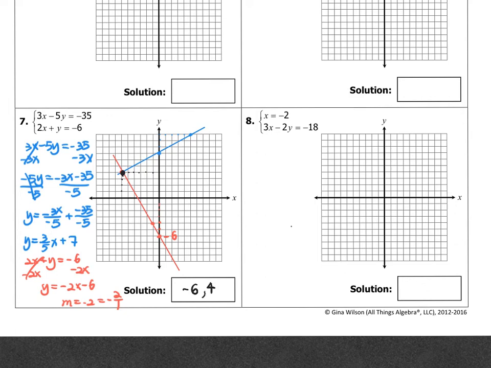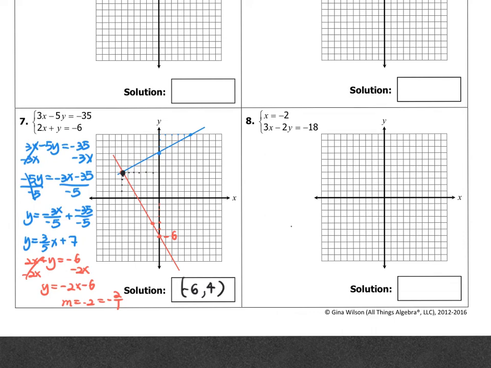I have positive 4 on the y. Make sure, it's hard for me to draw on the iPad with precision. So when you draw it on paper, you may be a little different. You may have negative 5, 4 rather than negative 6, 4. That's okay too. At this point, I'm not looking for precise precision. I obviously do look for it, but I understand that we all have our limitations when it comes to technology and all of that. Okay?